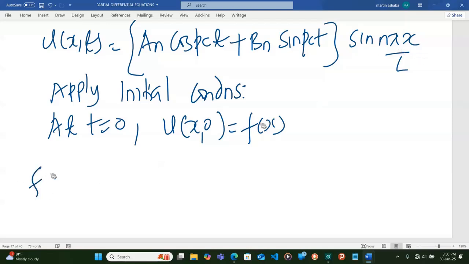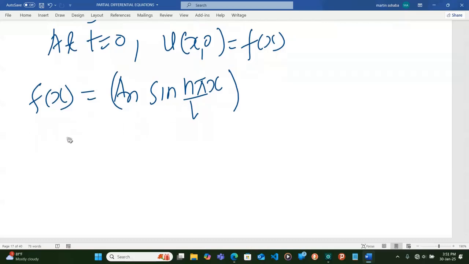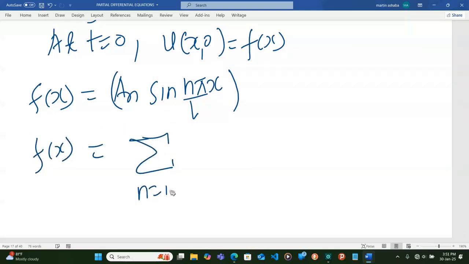So f of x, if I substitute it in here, is going to be an times 1, then plus 0, then times sine n pi x out of L. So if we say these are many values, then f of x will equal the sum from n is equal to 1 up to infinity of an sine n pi x out of L.